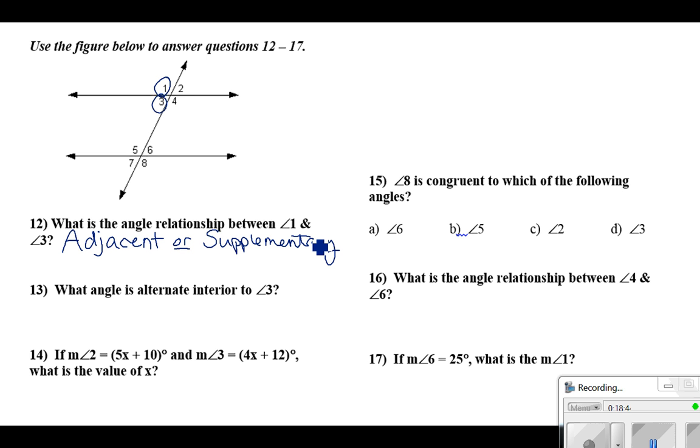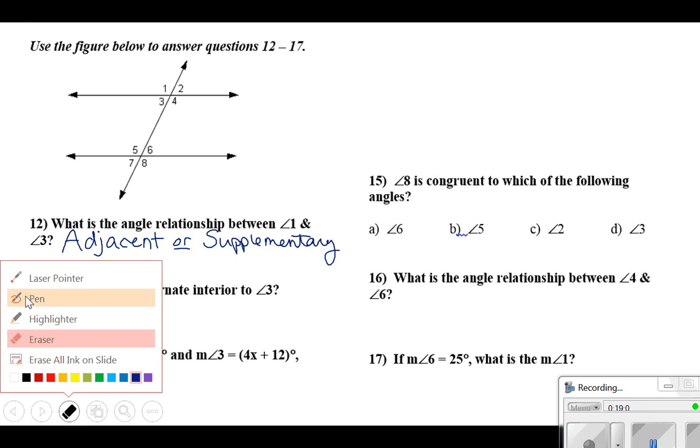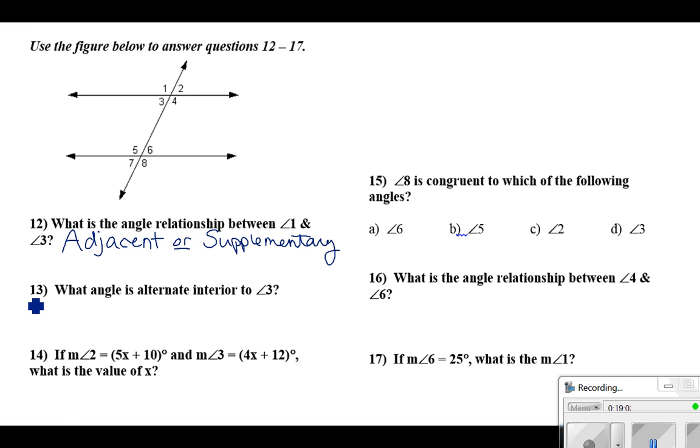Number 13. What angle is alternate interior to angle 3? So let me get rid of those. And let's look at the ones for question 13. So we're looking at angle 3 again.